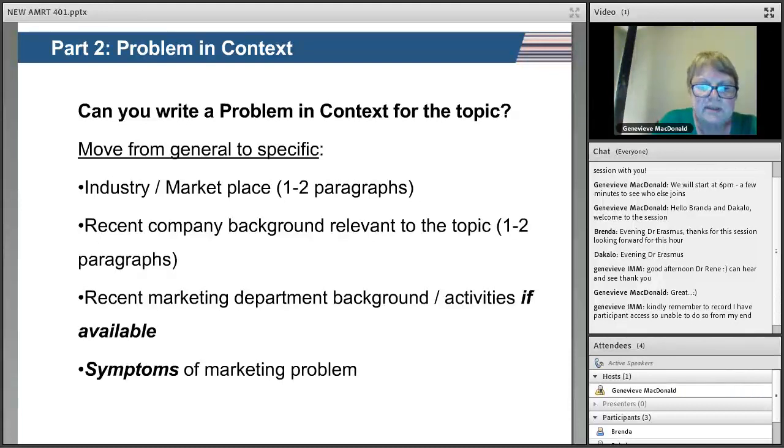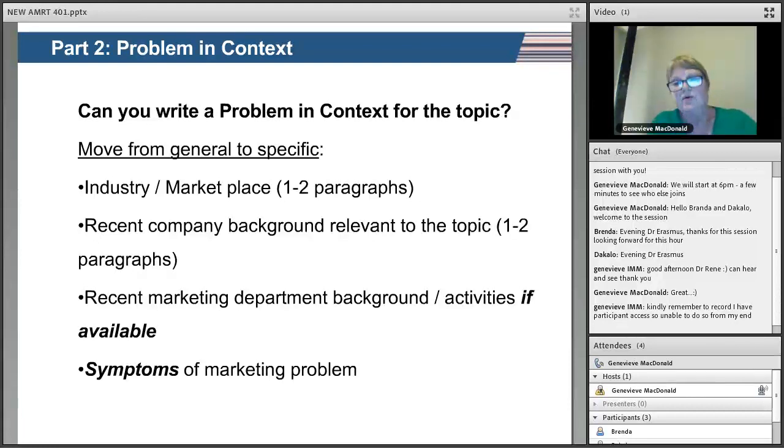marketing department background or activities that are related to the topic, if available. What are the symptoms of the marketing problem? Say, for instance, your customer base is shrinking and you don't know why they are leaving. Those figures that show the number of customers leaving the company is increasing are a symptom of something that is not working well.